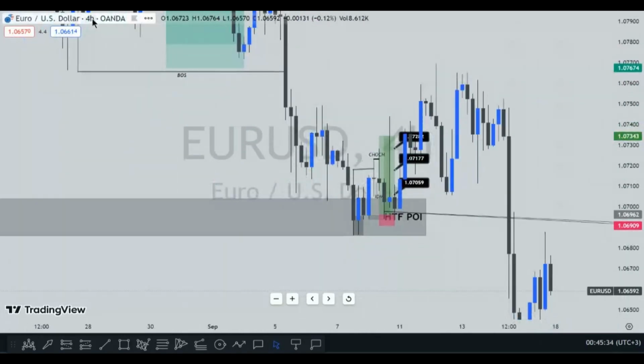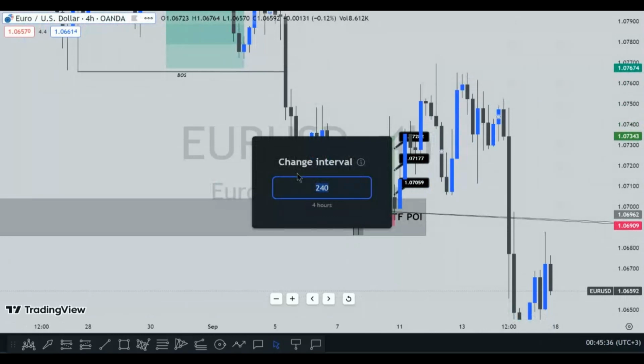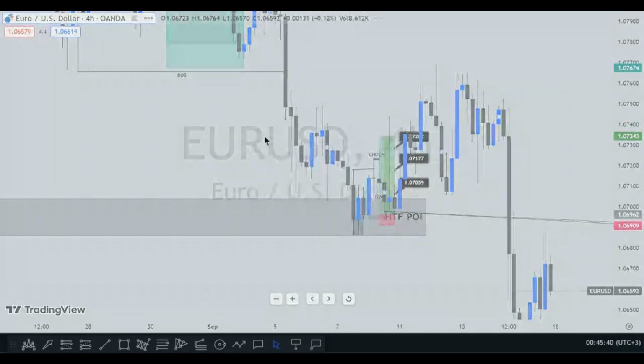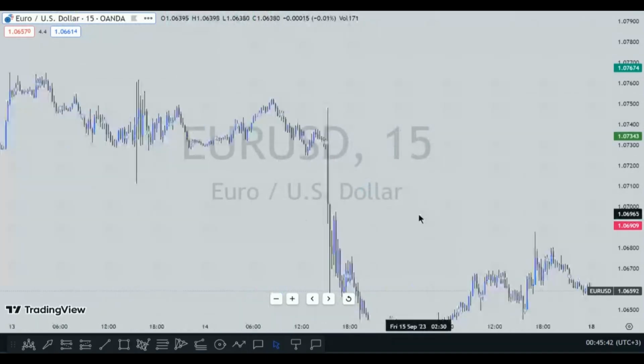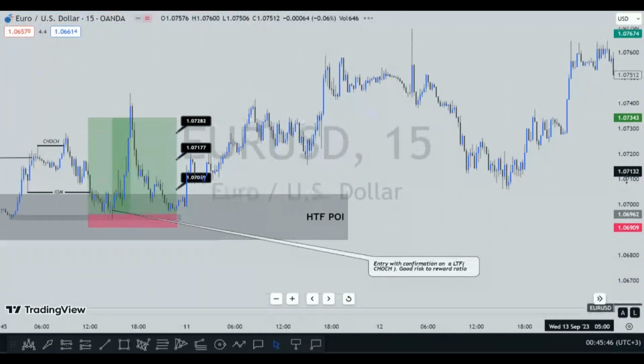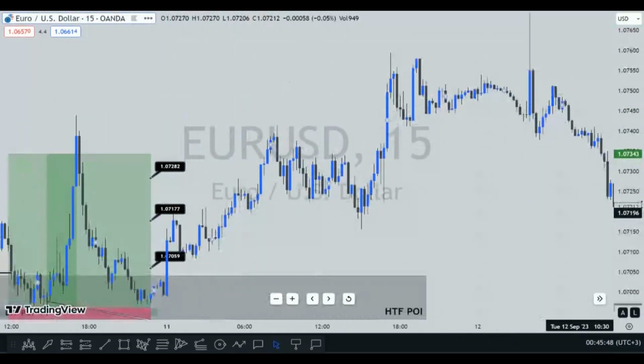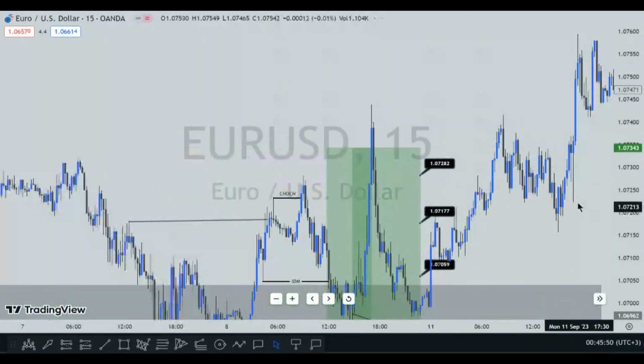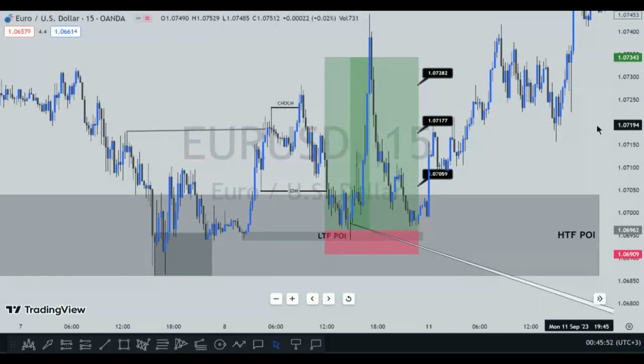Then I'll come to the 15 minute time frame, which I'll take a confirmation entry from.